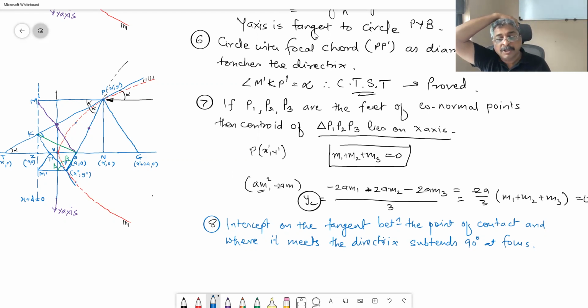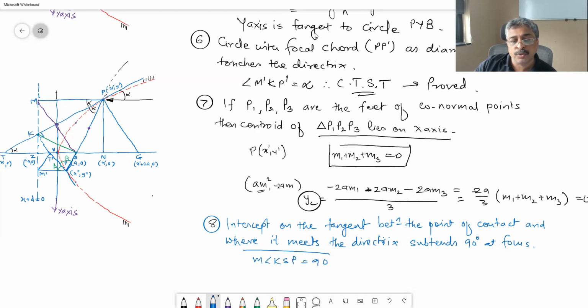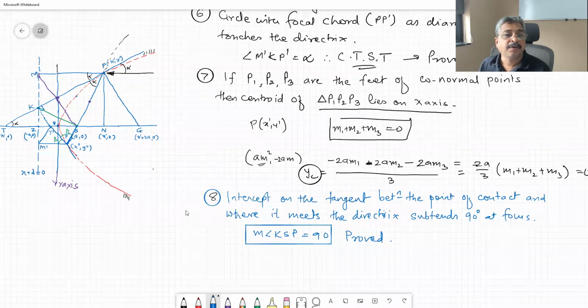That is, we have already proved that the intercept of tangent, KSP, major angle KSP is equal to 90. That is what we are supposed to prove, which I think we have already proved. That is kite. Okay, because of kite.